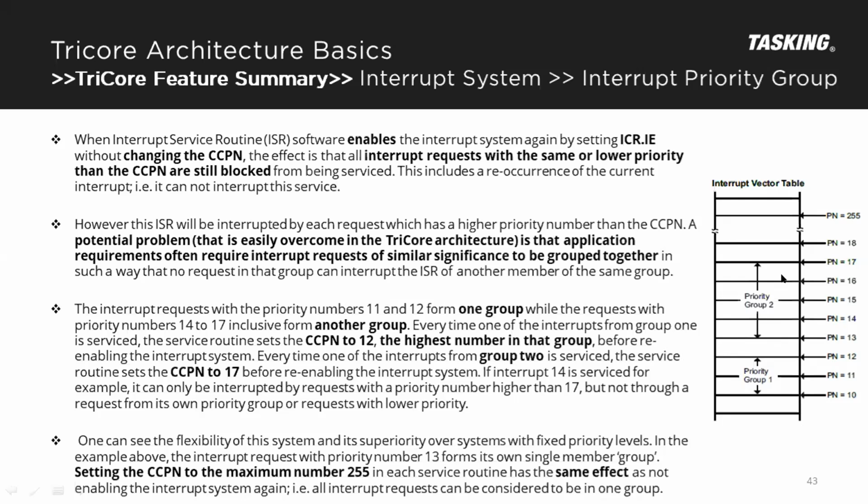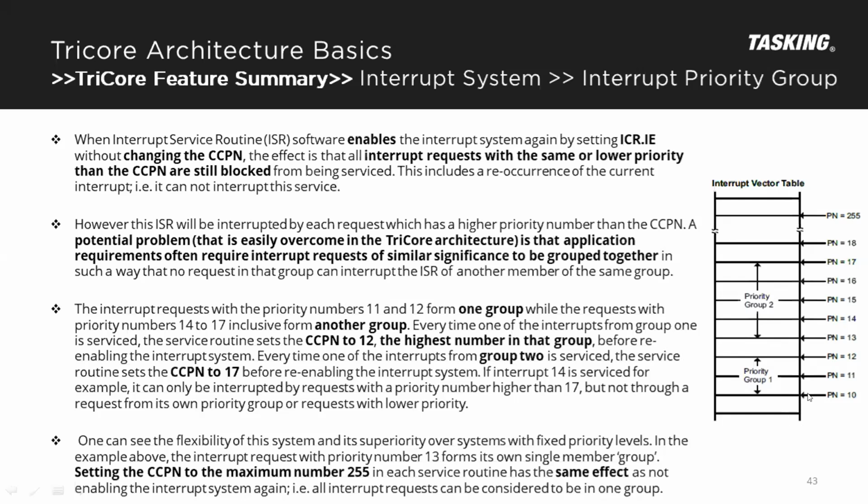So this is a point. You could group different groups, and it really doesn't make sense to assign a priority number of 255 to a certain interrupt, because if you assign this value, the CPU will have the CPU priority number of 255, and this is the highest one.